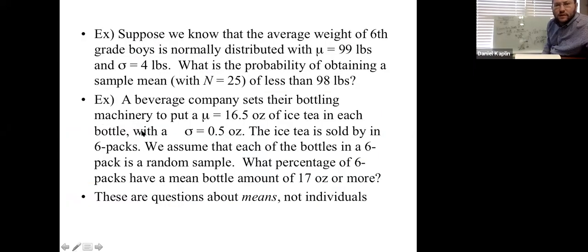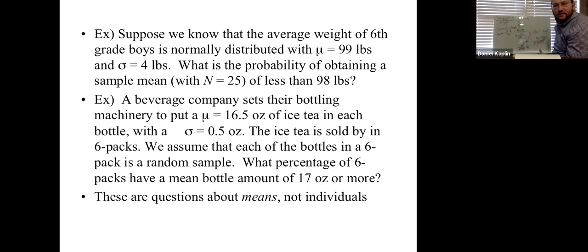So the next one said that we have a beverage company that set their bottling machinery to a population mean of 16.5 ounces. So I'm going to erase this and modify these four numbers, but it's going to be the same process. So the population mean was 16.5, right?